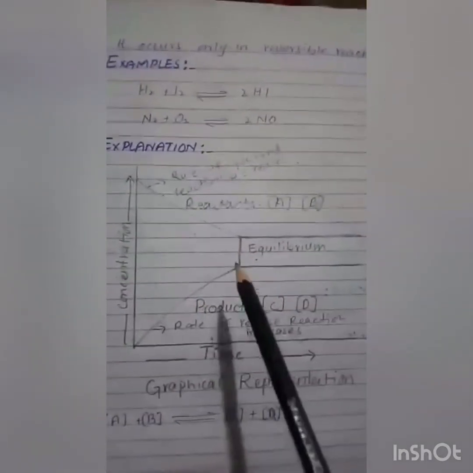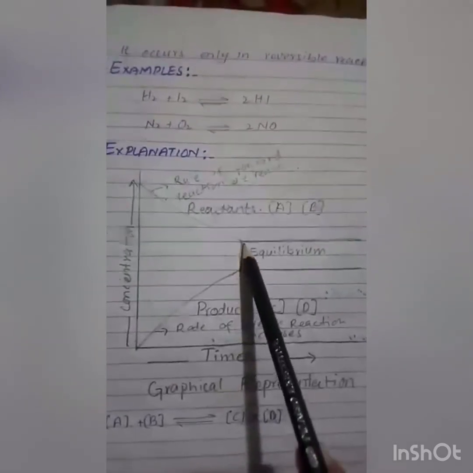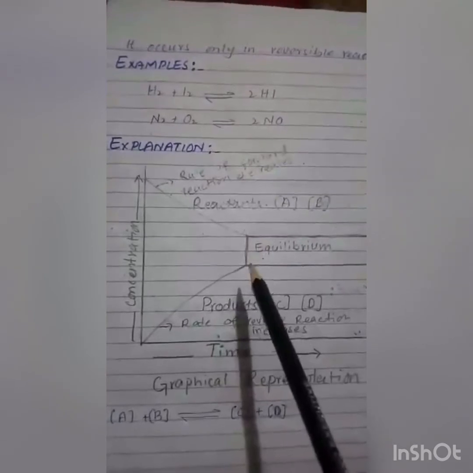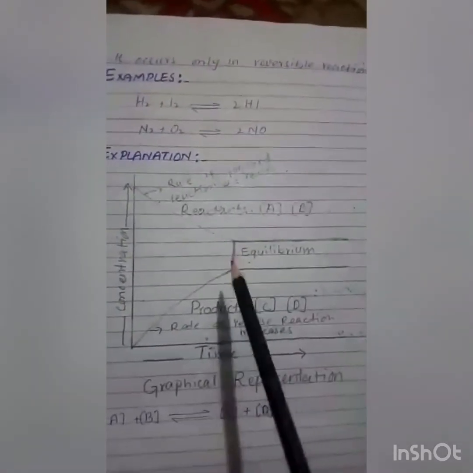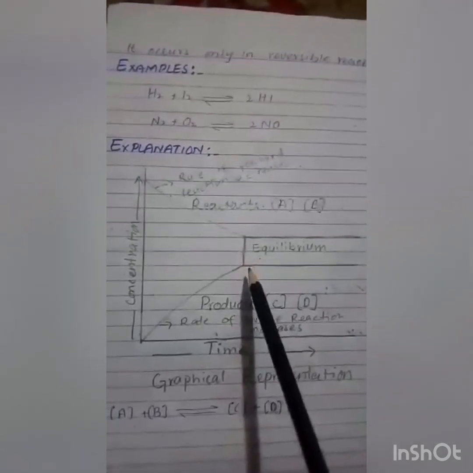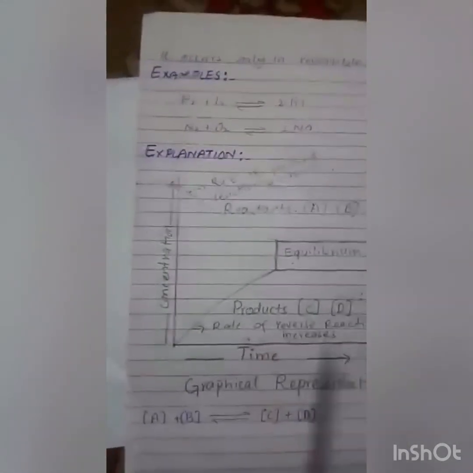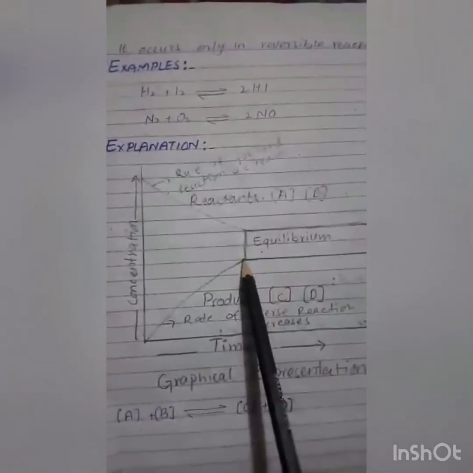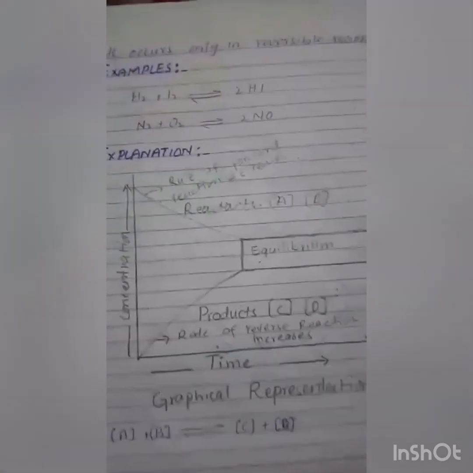So this point is the equilibrium point, when the rate of the forward reaction and the rate of the backward reaction are equal. That point is the dynamic equilibrium. It means that the concentrations of both reactants and products at this point will be equal to one another, and after that there will be the establishment of dynamic equilibrium.